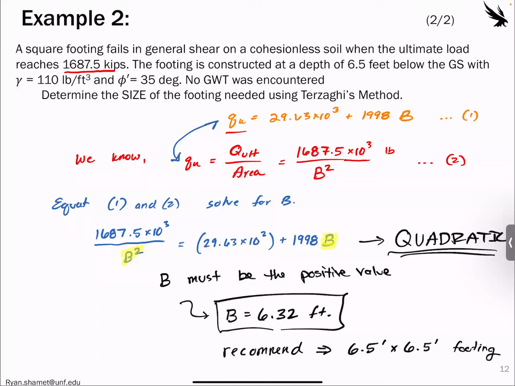Contractors, you guys who have worked with them already, they're not always going to be the most precise. This is one footing. You could be doing multiple footings, so you'd usually just round up to the nearest half foot, or sometimes even a full foot, just for the formwork to be a little bit easier. Okay, any questions on these two examples before we go to field tests?